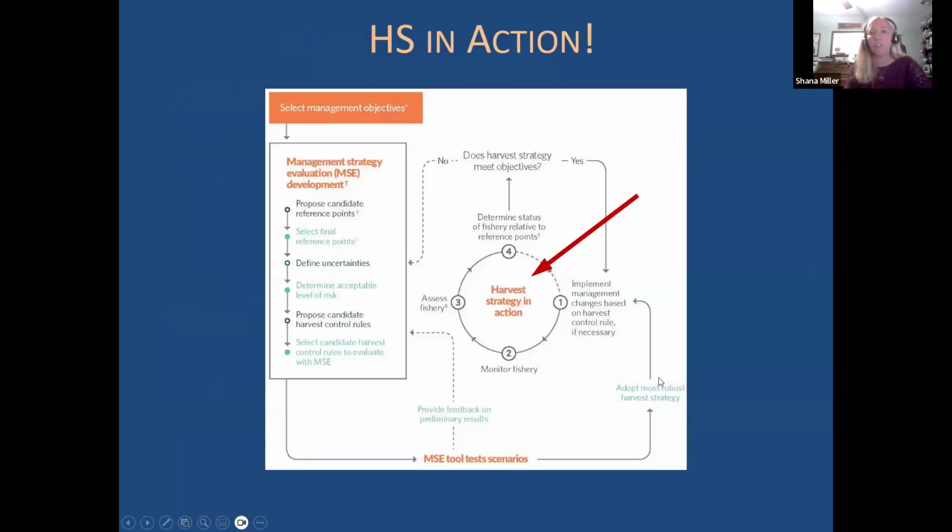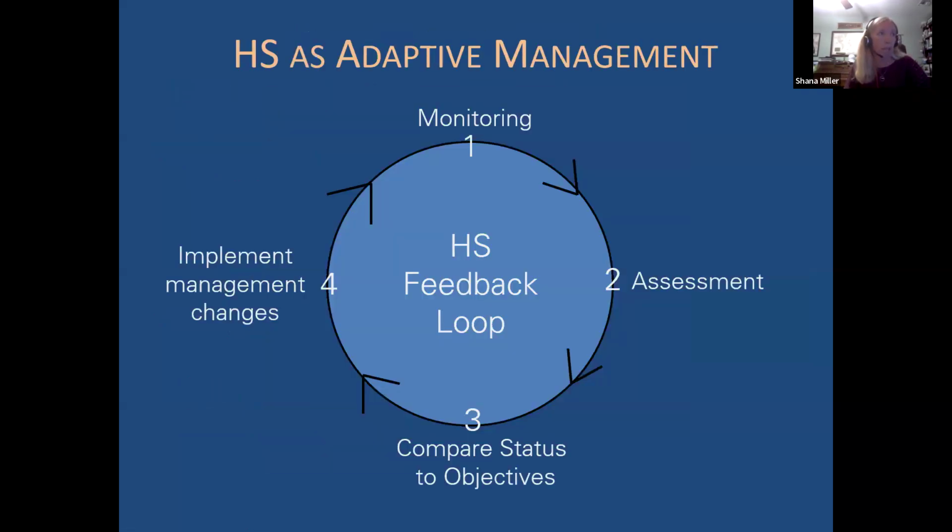So once your harvest strategy is adopted, there is a feedback loop that makes harvest strategies a form of adaptive management. So you'll start with monitoring your fishery. You'll use those monitoring data to assess your fishery.